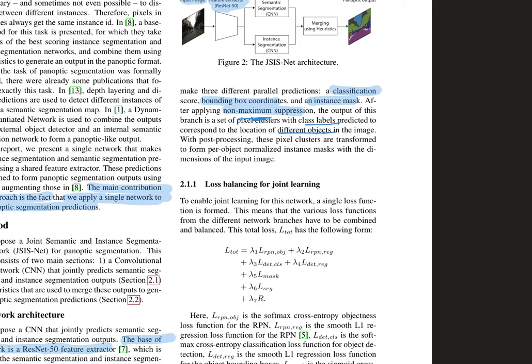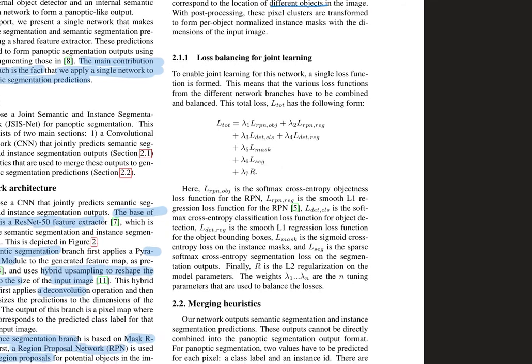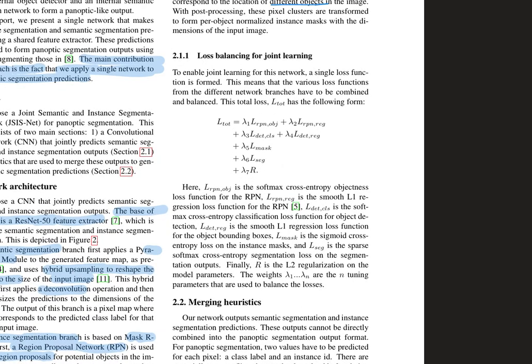Now when it comes to optimization, there is basically this linear combination of them, with these lambda values controlling the contribution of each part of this loss to the final objective. So first thing, you have L_RPN_OBJ, which is the softmax cross entropy objectness loss function for the region proposal network.